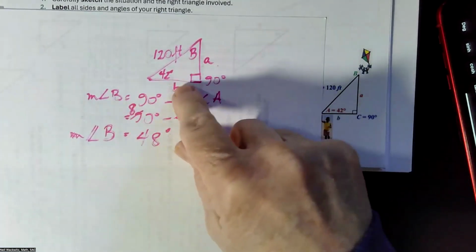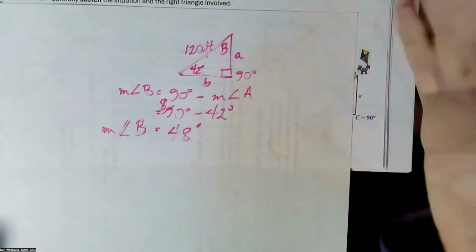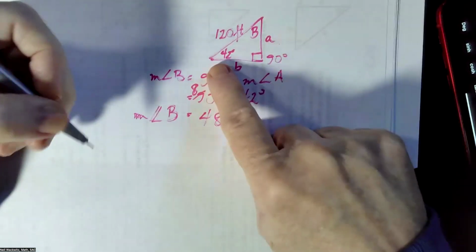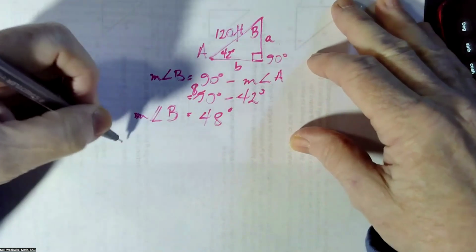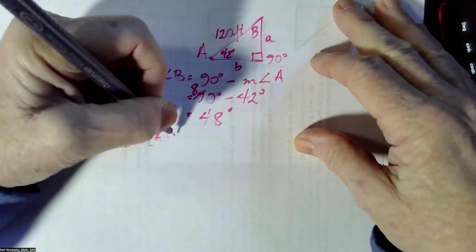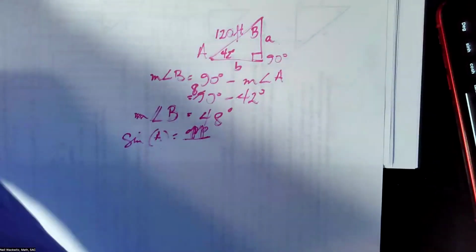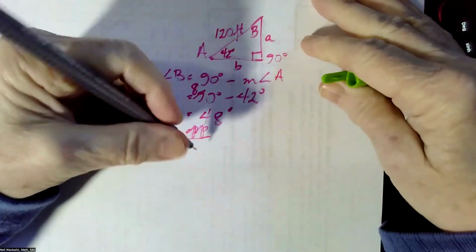Now we can easily find little a and little b using trig. Let's start with A. We know that the sine of A is opposite over hypotenuse.